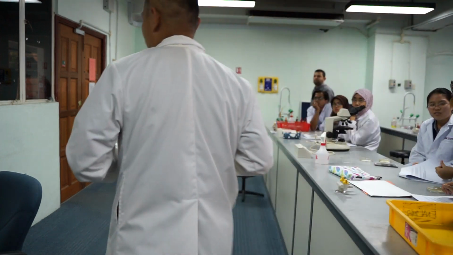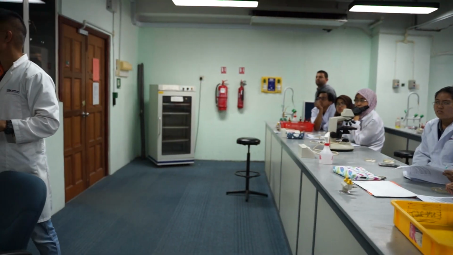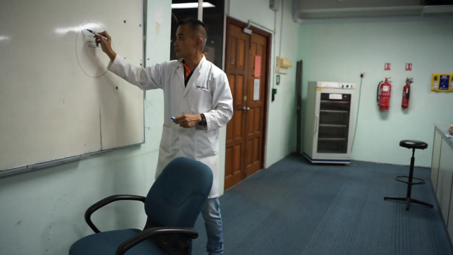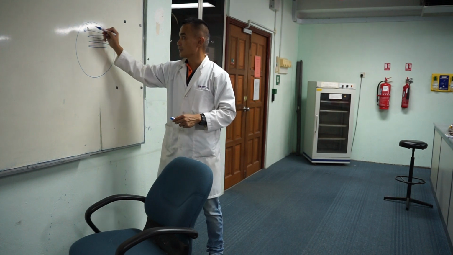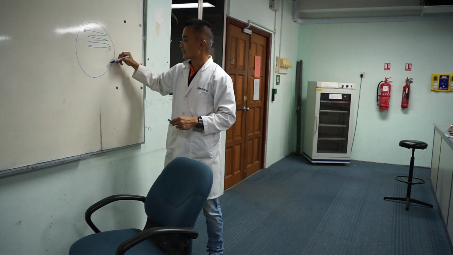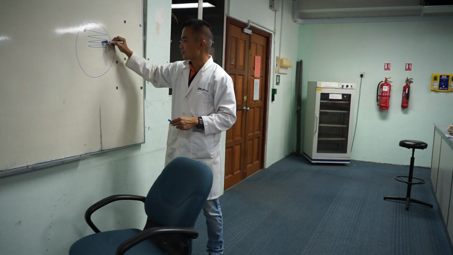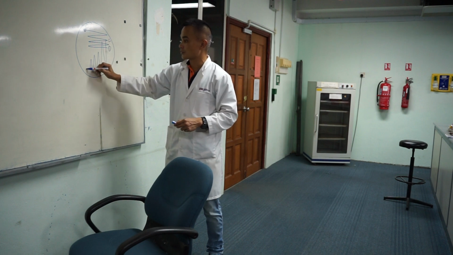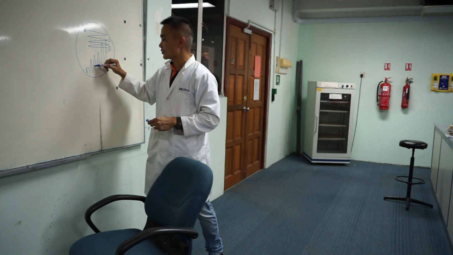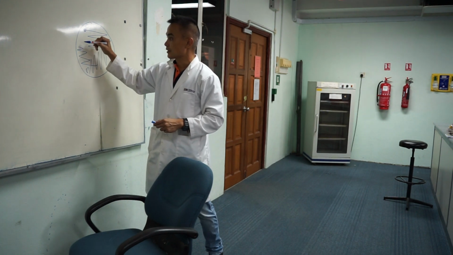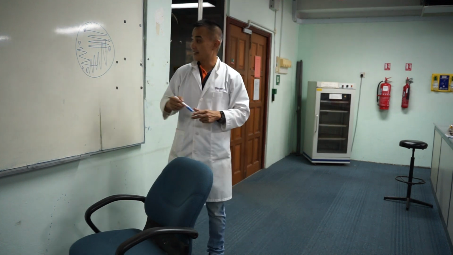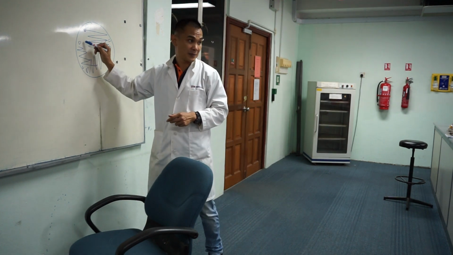So basically, you're going to streak it like this. So this will be the most concentrated and become the most diluted. And then you're going to streak it again from here. This is the most concentrated, this is the most diluted, and you're going to streak it again from 2 to. So this is the most diluted. Okay, get it? At the end, you're going to get hopefully single species here.